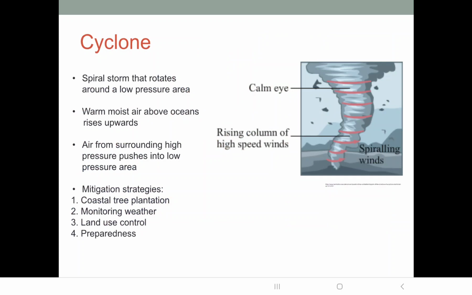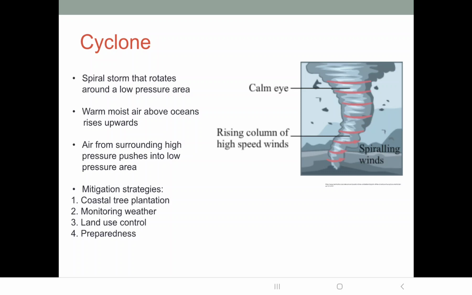The temperature of the surface water of the ocean is about 26 degrees Celsius. So a low pressure area is formed and the surrounding high pressure area pushes into the low pressure area. So that is responsible for creation of these spiraling winds, and the spiral rises. So the height of the cyclone and the width of the cyclone both are huge.